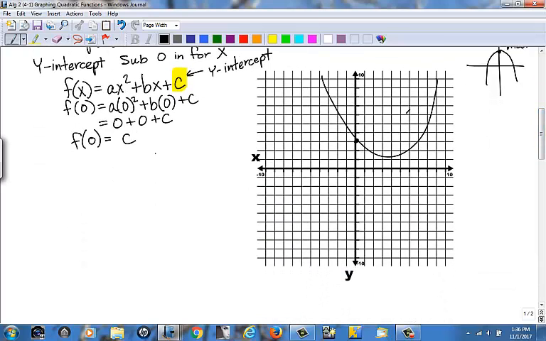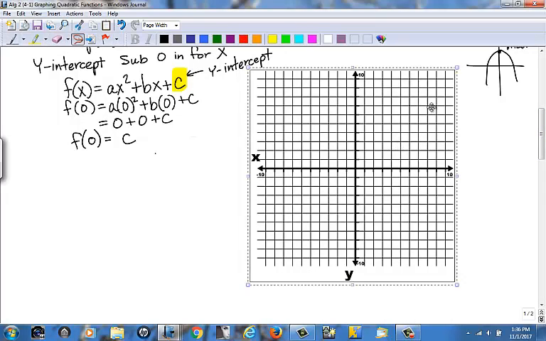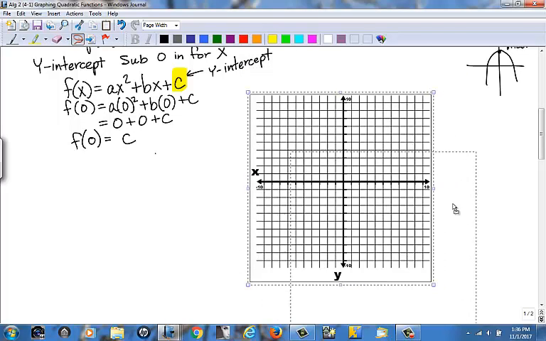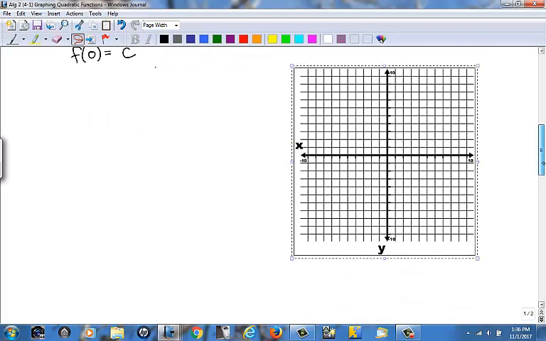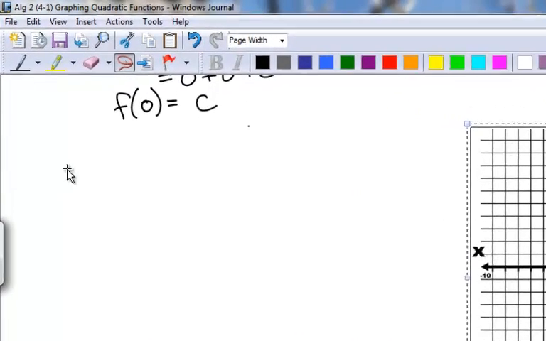Okay. Now we're gonna practice on a couple of graphs, and you have your graph paper there. So move this down a little bit. Okay. So an example.